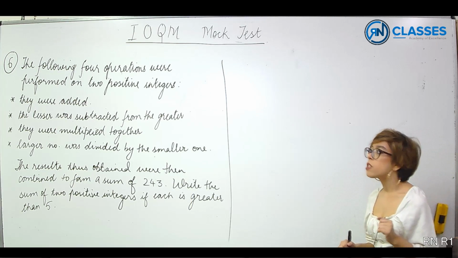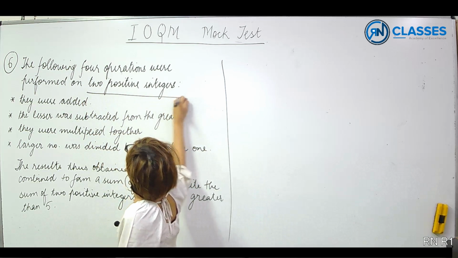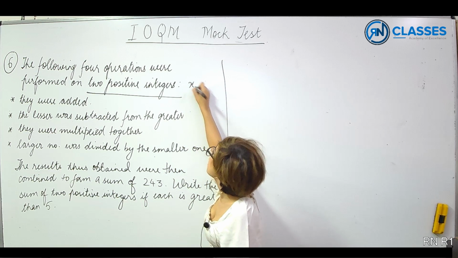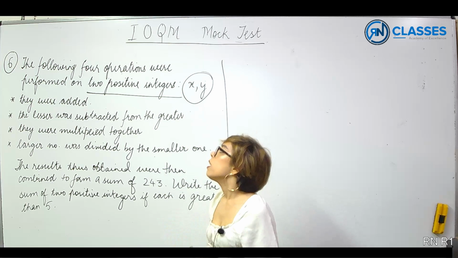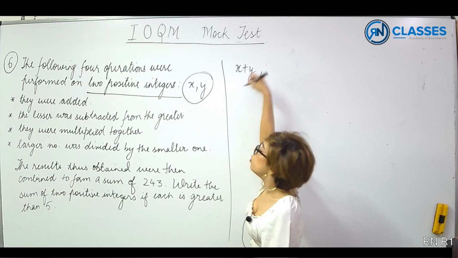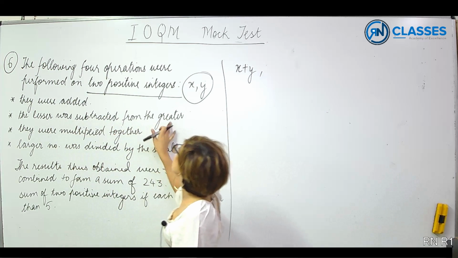Alright, on to the next one. It says the following 4 operations were performed on 2 positive integers. So let me take those positive integers as x and y. Now, they were added, so that means it becomes x plus y. Then the second operation was the lesser was subtracted from the greater.